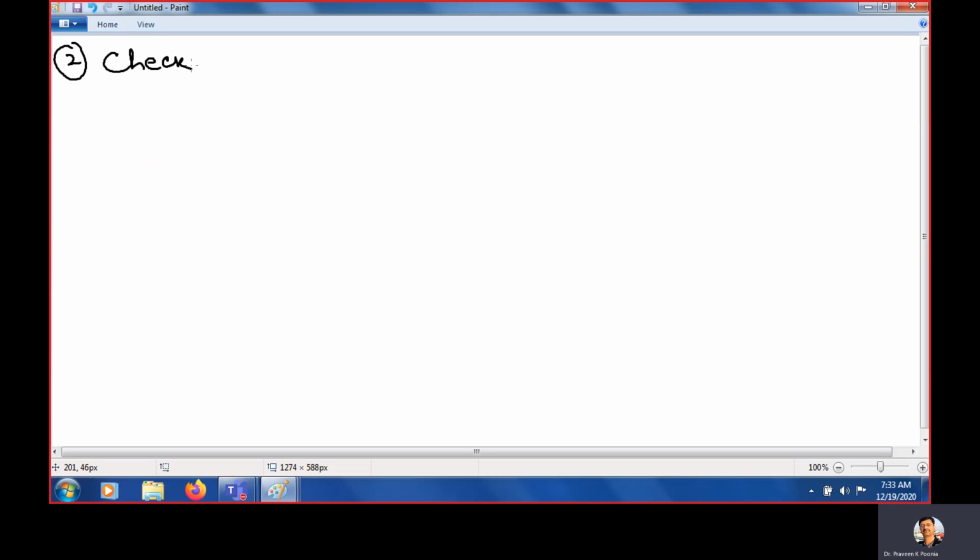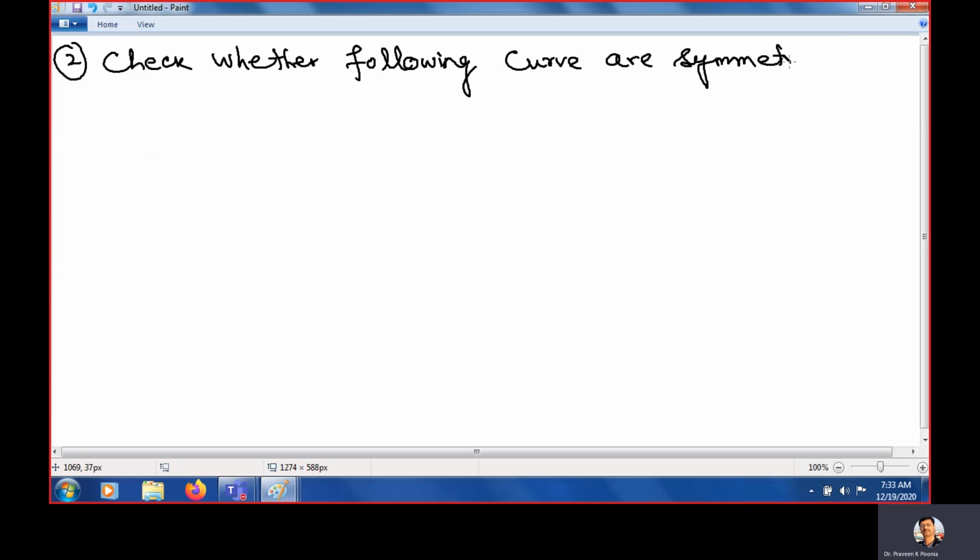Check whether the following curves are symmetrical with respect to the x-axis.